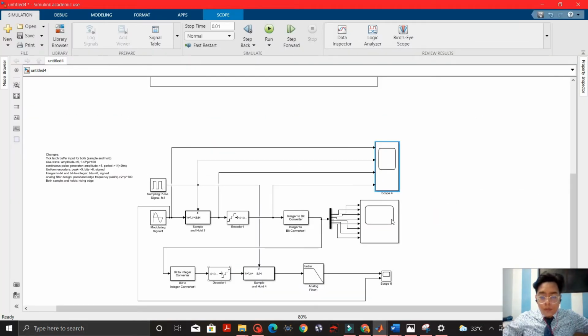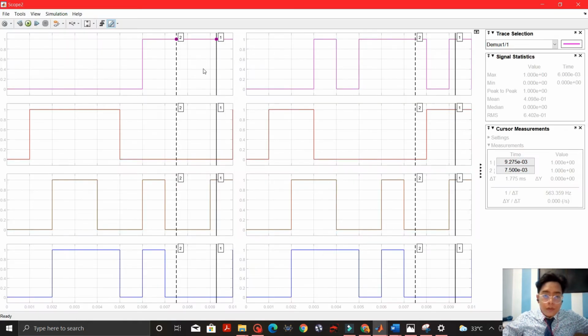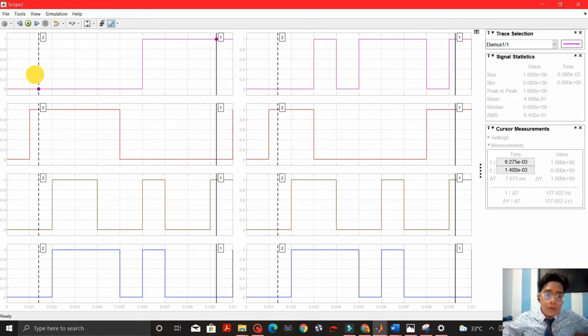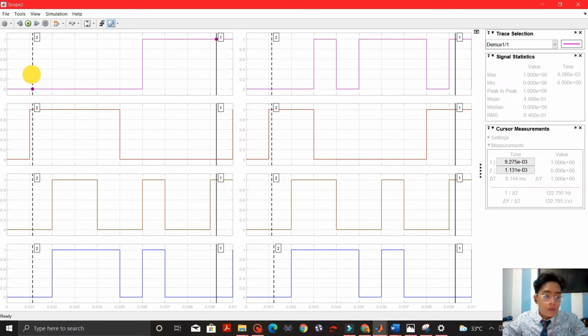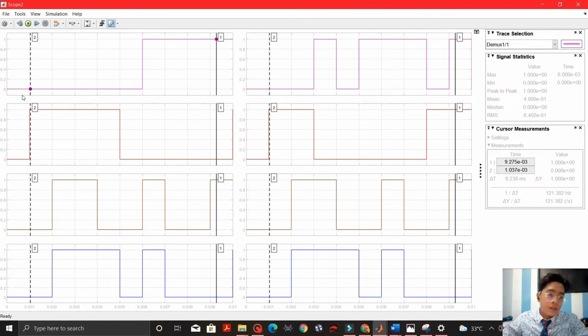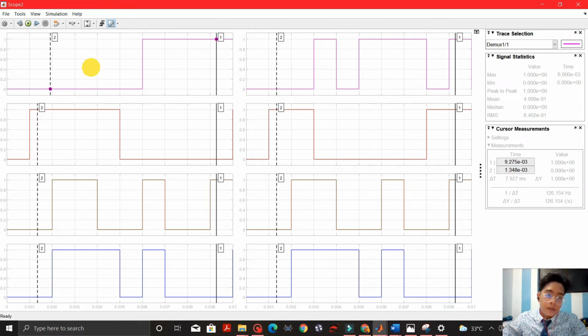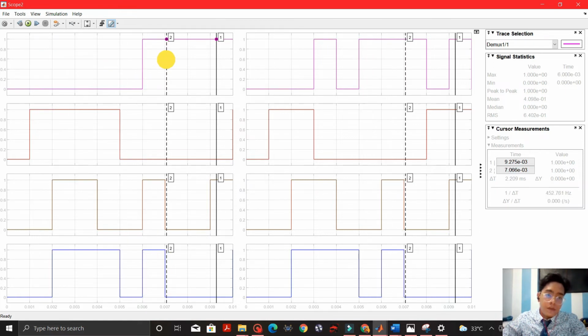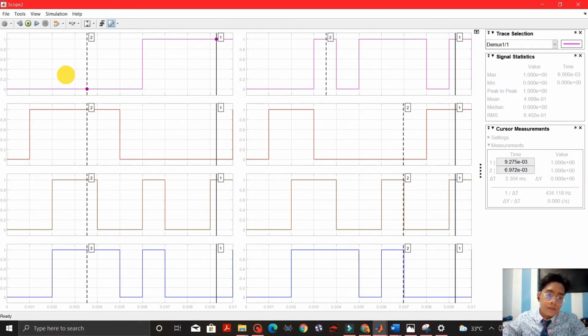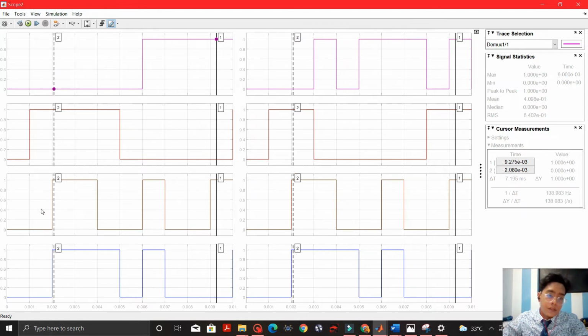So that is scope 4, and then we go to the PCM data for 8-bit. Same as 4-bit, we read like this: 0, 0, 0, 0, 0, 0, 0, and if here 0, 1, 0, 0, 0, 1, 0, 0, and so on.